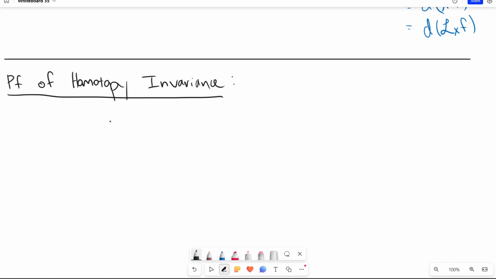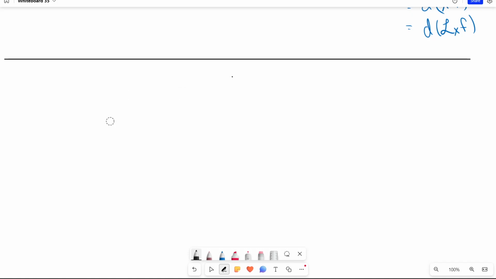So let's put down our definition. When we're proving homotopy invariance, we're first going to start with our favorite homotopy, the straight line homotopy. So maybe I shouldn't have written this quite yet. Let me write it down as a theorem.